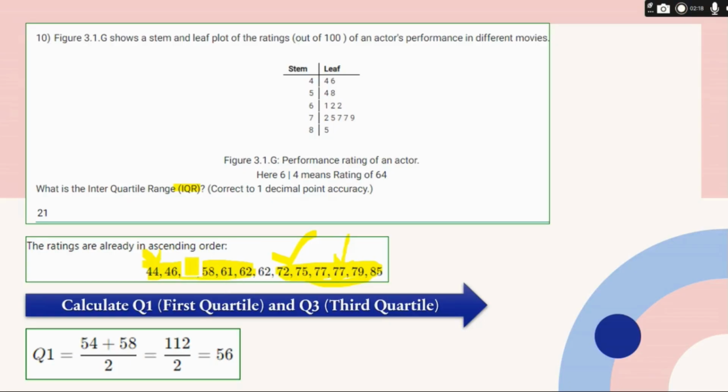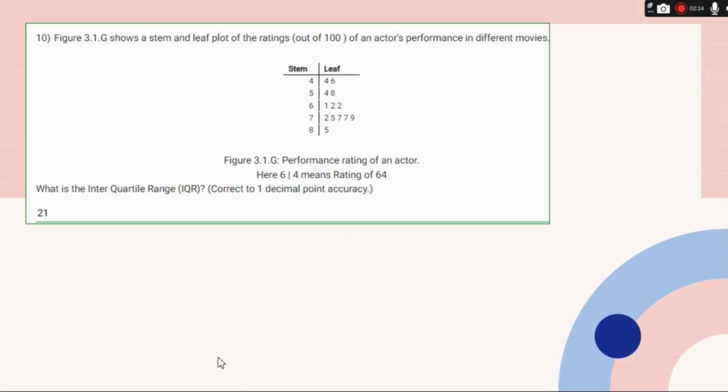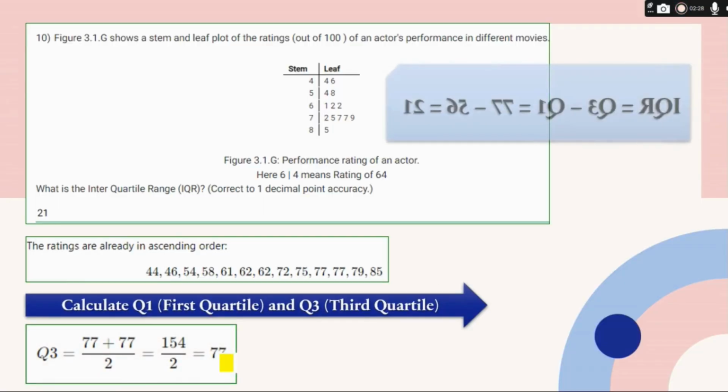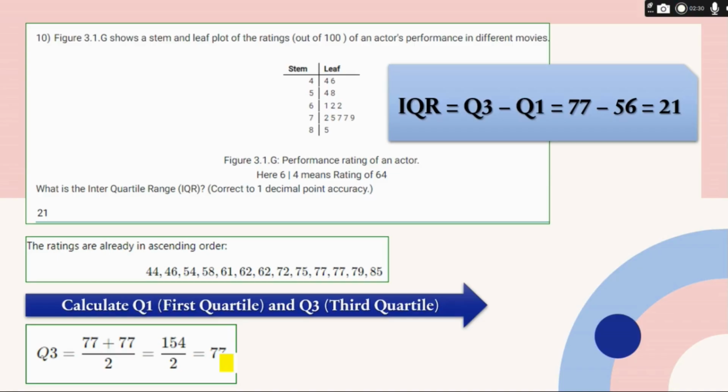As the number of observations is even, 54 plus 58 by 2, we get our median value as 56. Similarly for the third quartile, we get 77. So our IQR is Q3 minus Q1, which is 21.